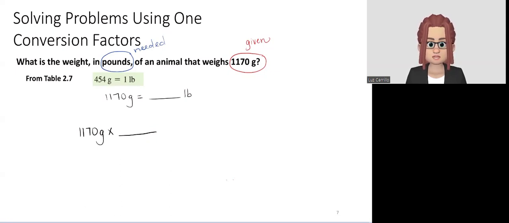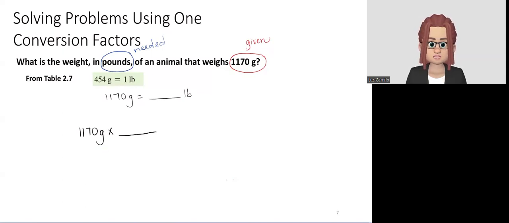What determines what number we write in the numerator versus the denominator is that specifically in the denominator, we need to write from our equality the value and unit that matches this one.